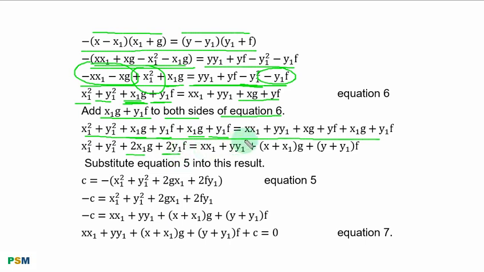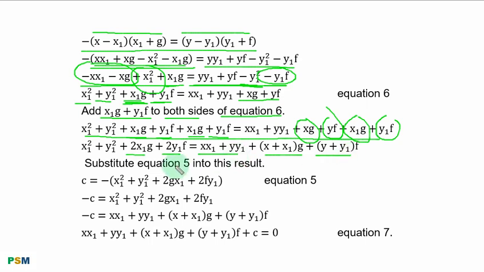You have s1 plus y1. If you compare this term and this term, g is common, you factor it out. You compare this term and this term, f is common, you factor it out.